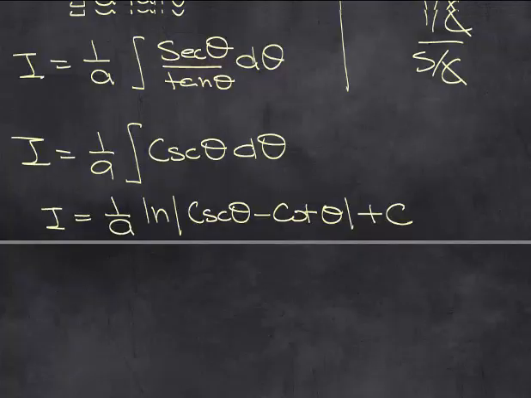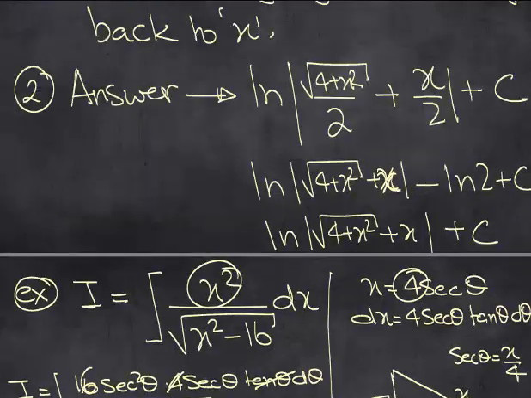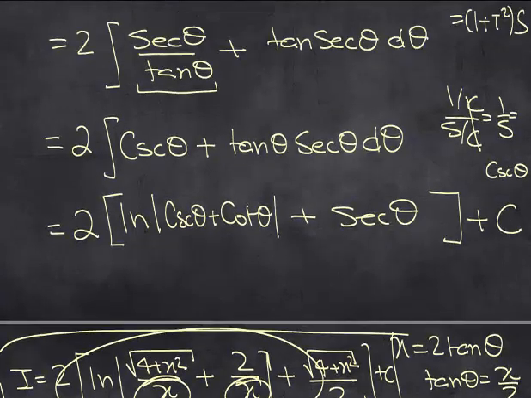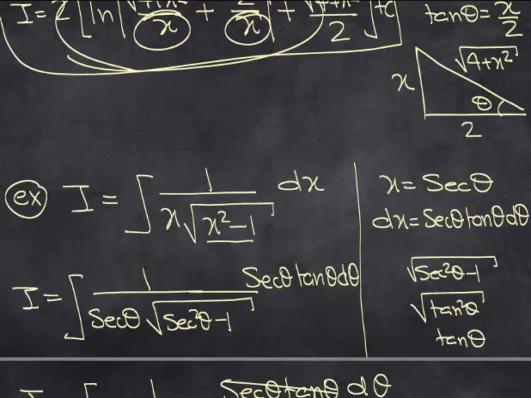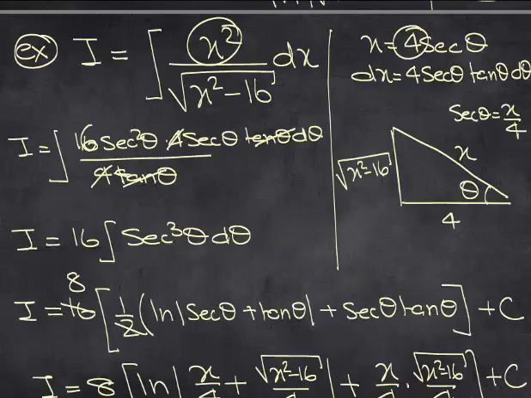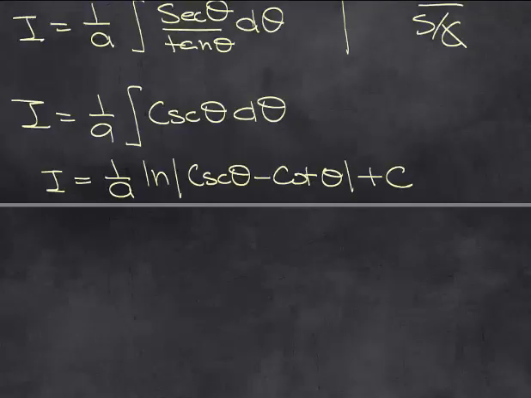So we get 1 over a ln of cosecant. Cosecant would be hypotenuse over opposite, minus cotangent would be what?